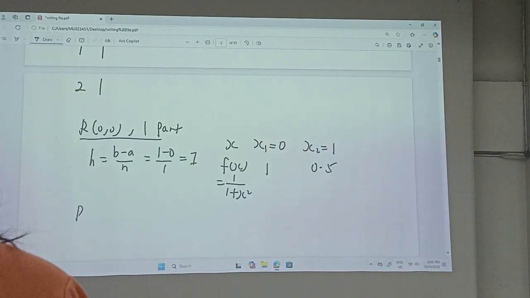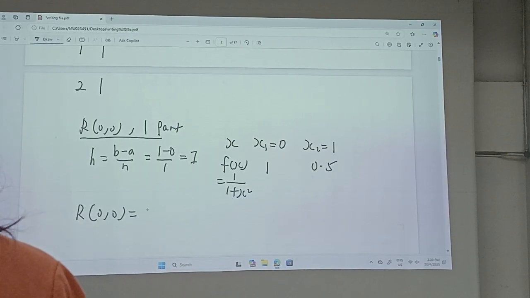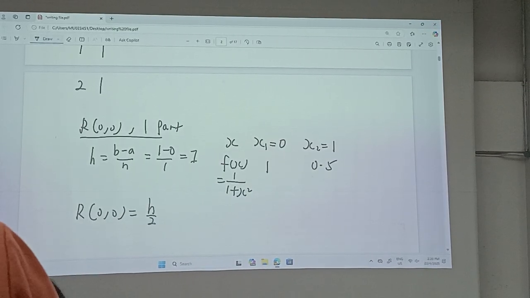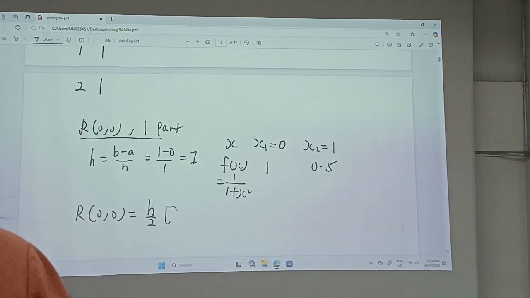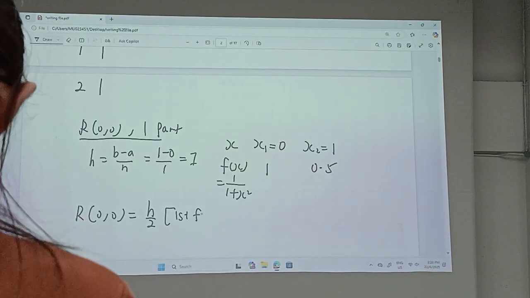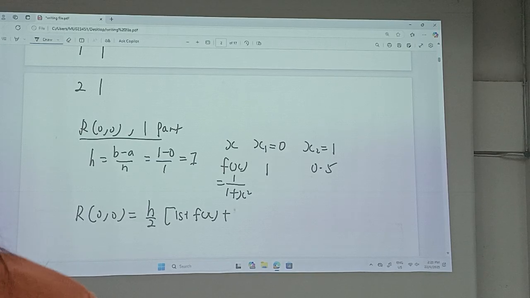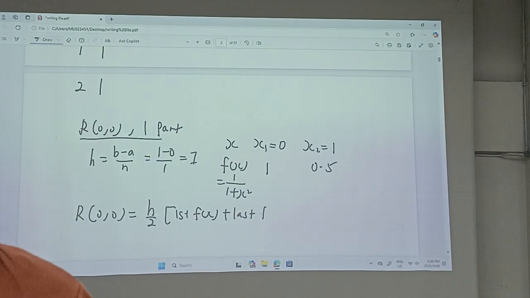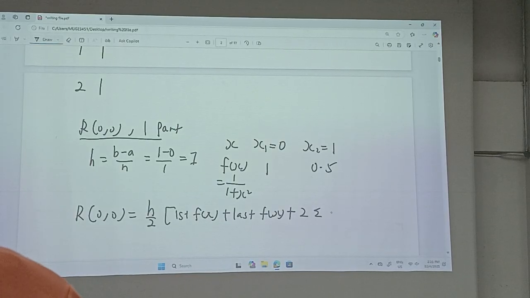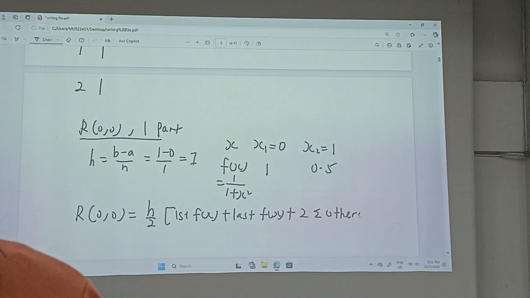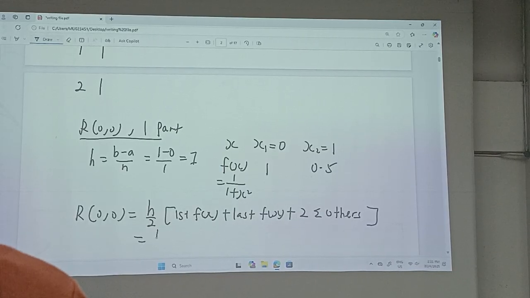Now we can apply the trapezoidal rule to find R00. h over 2, first f(x) plus last one plus 2 times the summation of others, right? So h equal to 1 over 2.